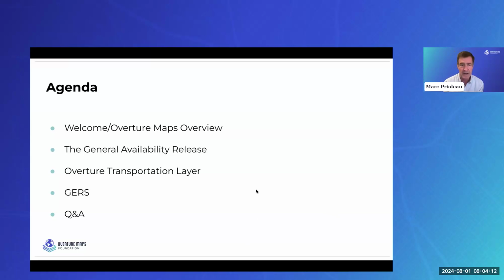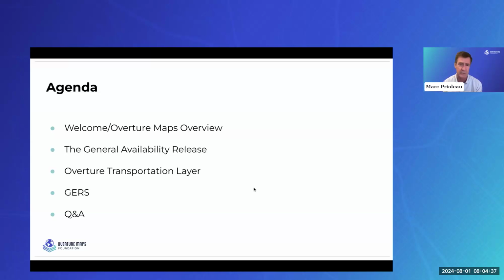Here's our agenda. I'm not going to give a detailed overview of what Overture is doing. If you have more questions, ask them. I'm going to turn it over to Amy, who's going to discuss what went out last week in the general availability release. Pascal is going to talk a little bit about the transportation layer. Notably, we put a number of our themes into general availability.